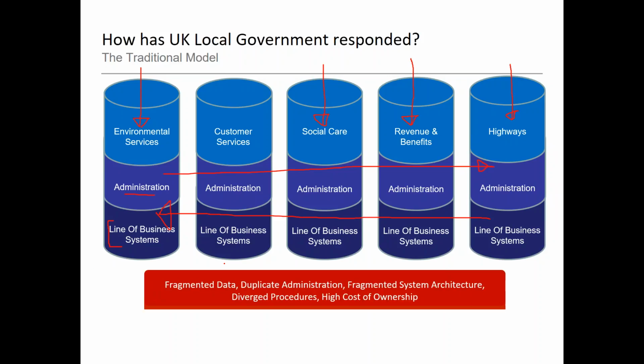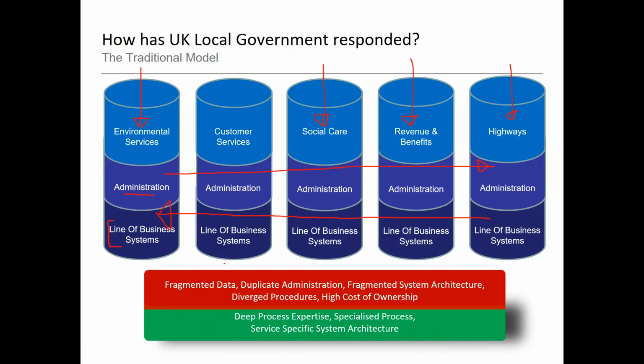It leads to fragmentation of data, it leads to duplication of administration processes and customer-facing processes, it leads to high cost of ownership from an IT point of view because you've got a broader estate of systems to support. So overall, it's potentially costing you money. Hence, it's been under very close scrutiny over the last 5, 6, 7 years.